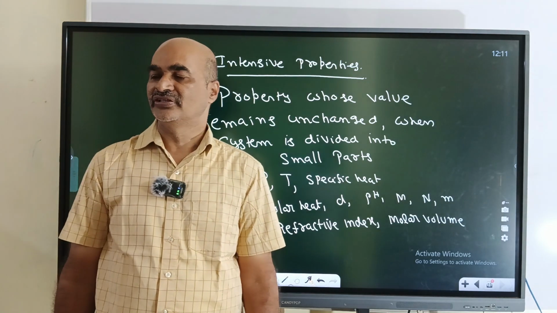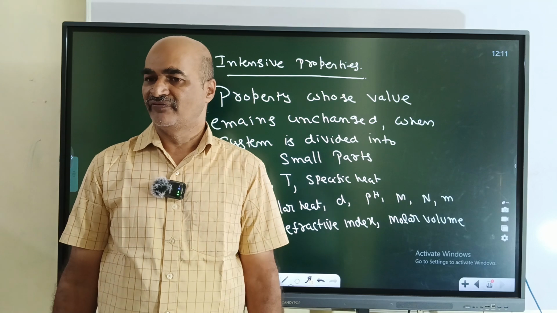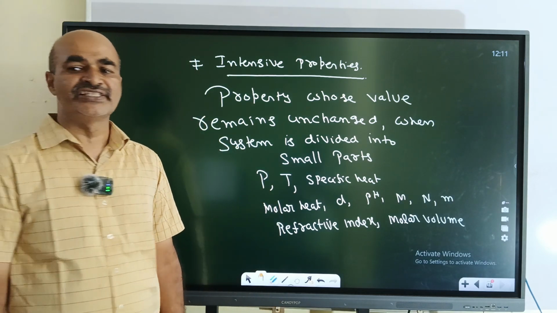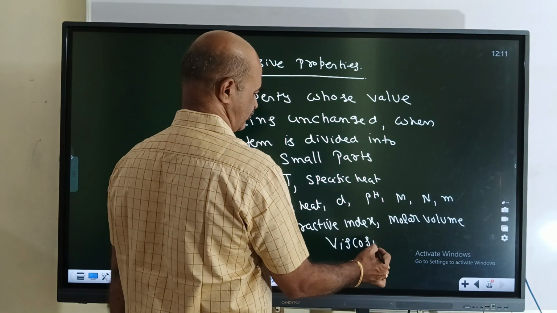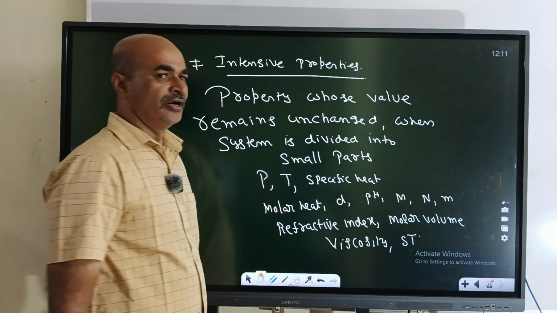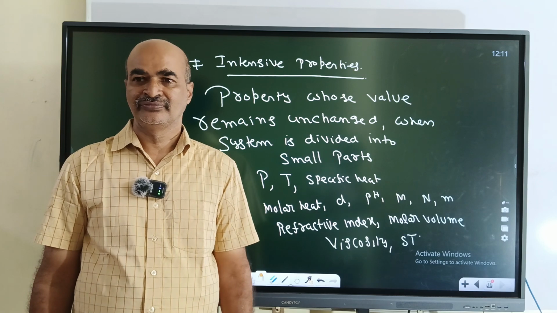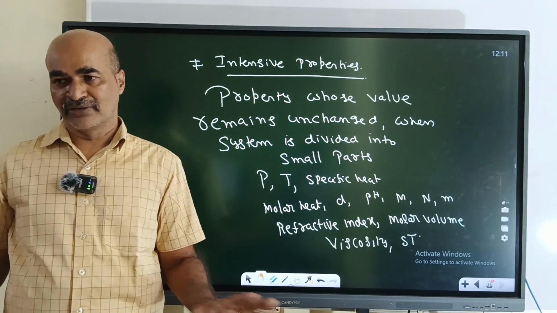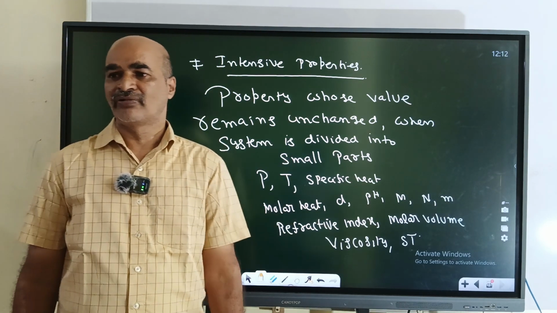Pressure, temperature, density, specific heat capacity, molar heat capacity, refractive index, specific volume, viscosity, and surface tension are intensive properties. These properties are independent of the size of the substance or material. Such properties are called intensive properties.